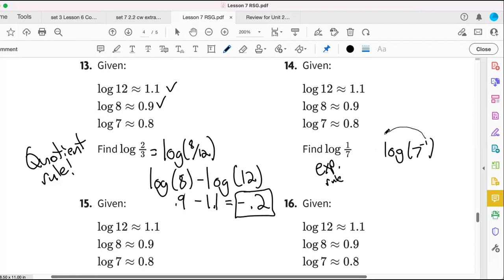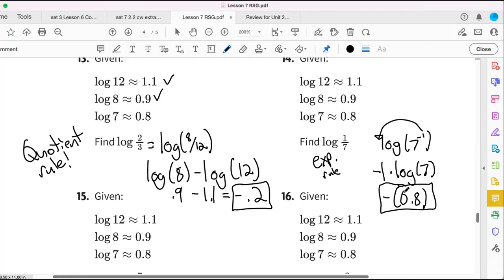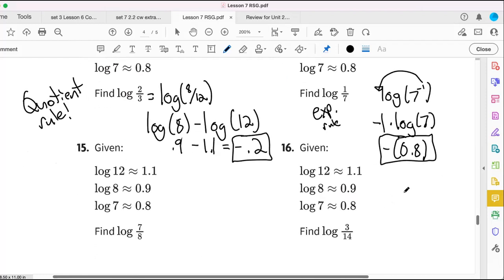You're allowed to say that negative 1 bops to the front, multiplies with what's left. So negative 1 times log 7. So really it's just negative 0.8. Kind of a cool one there, pushing you to use negative exponents.